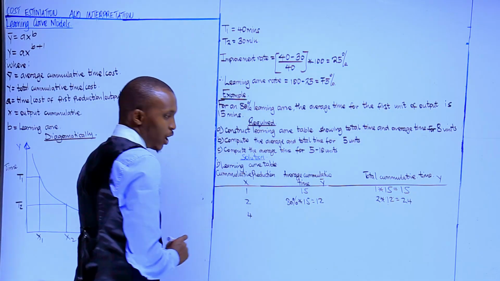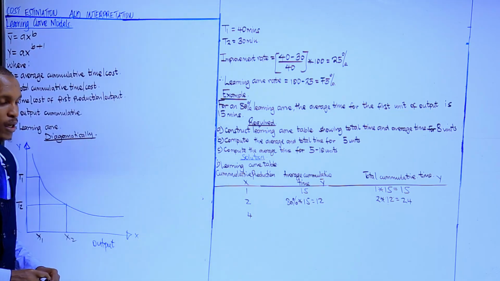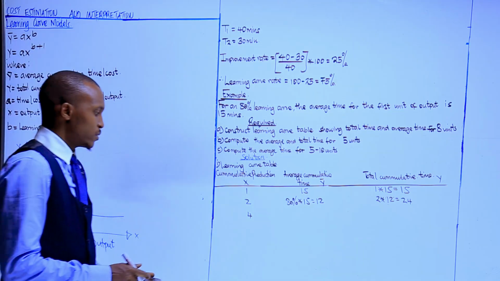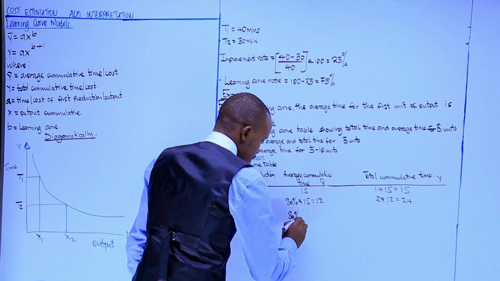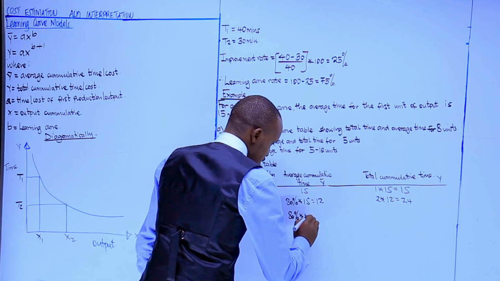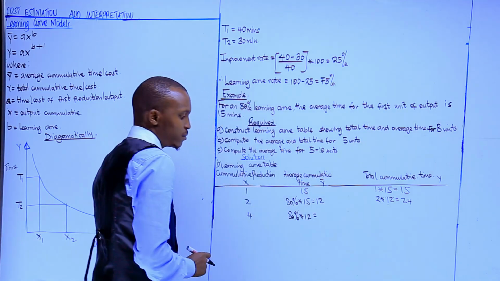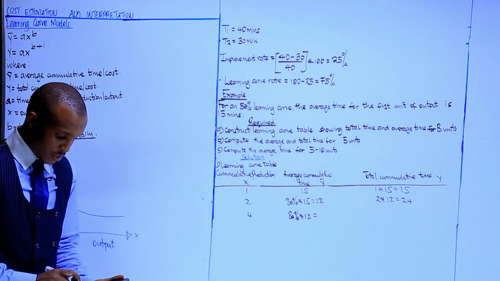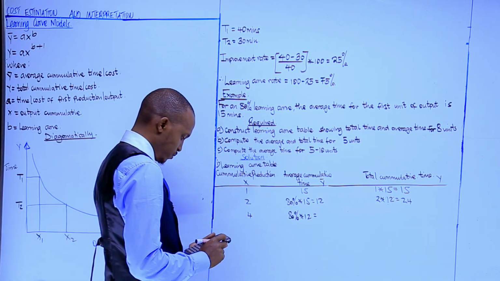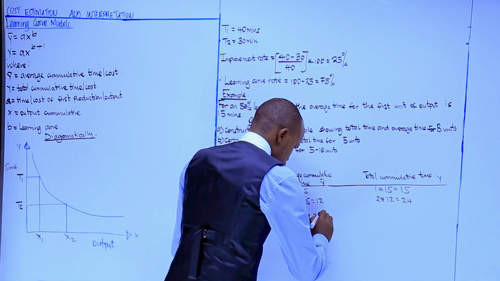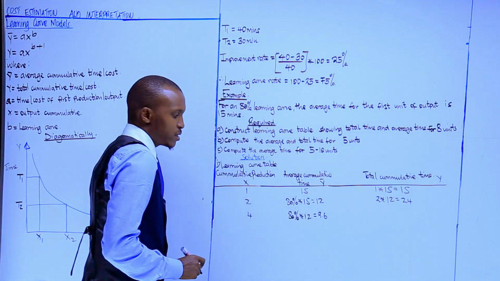We double our output again. We are going to take 80% times 12, which is 9.6.